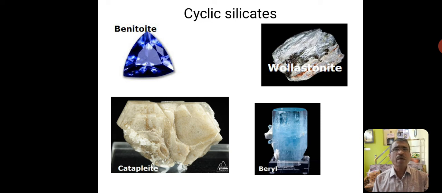Here the examples are benitoite, a cyclic silicate, and how it looks. Wollastonite is also a stone. Cataplite looks like this, and beryl is also a cyclic silicate having Si6O18.